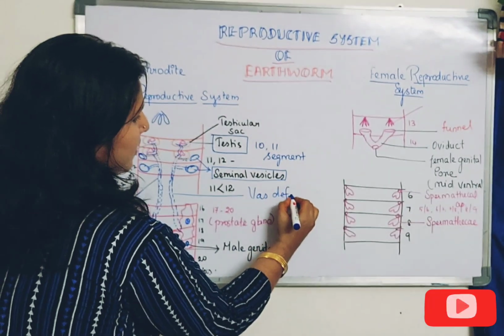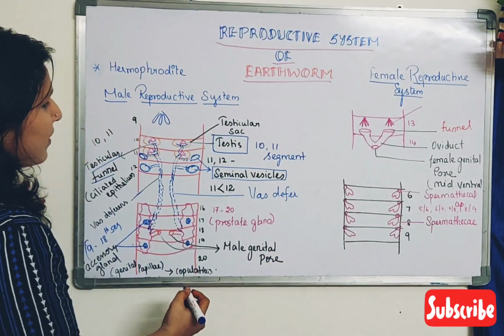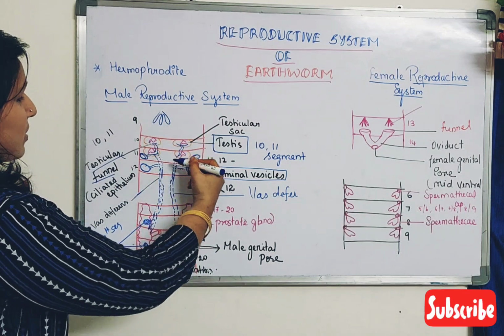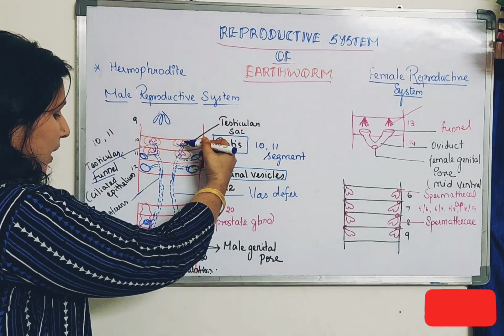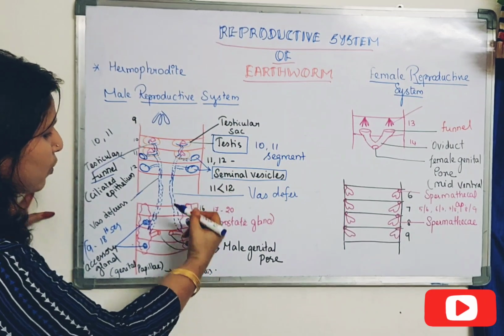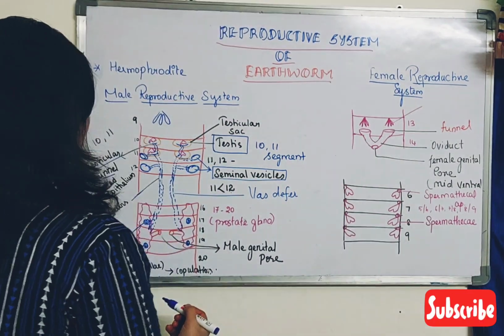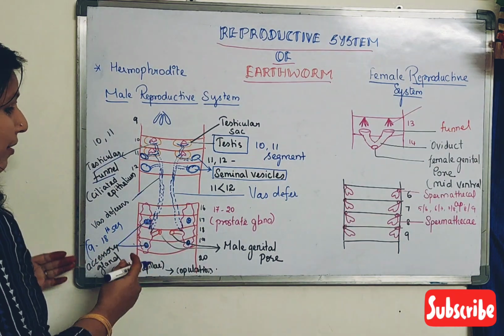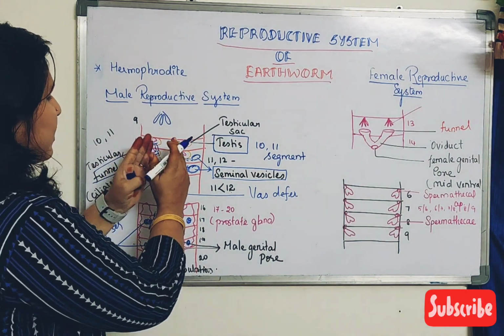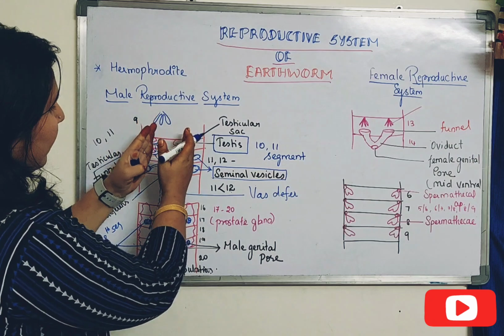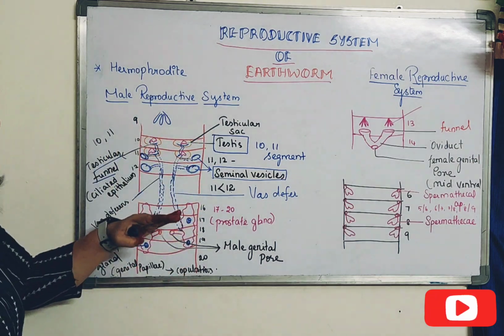The vas deferens starts from the 9th and 10th segments and extends up to the 18th segment of the earthworm. Clear?